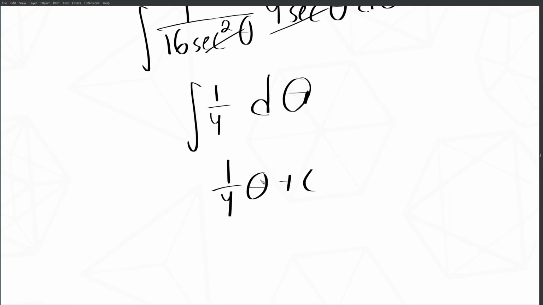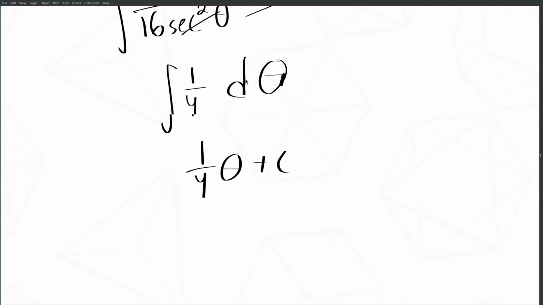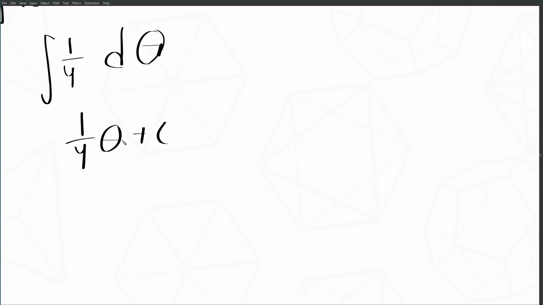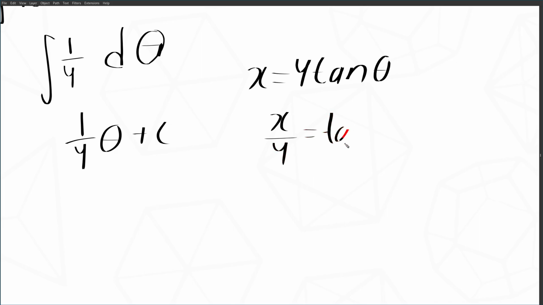But are we done yet? The original problem had us integrate with respect to x. So we have to get this theta back to x. Okay, so to do that, let's recall what we substituted initially. We had x is equal to 4 tangent theta. Okay, so then x over 4 is equal to tangent theta.